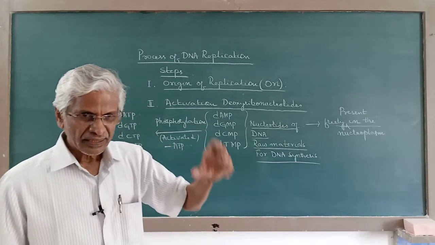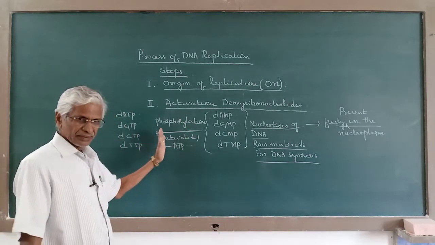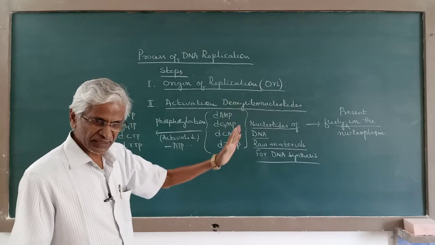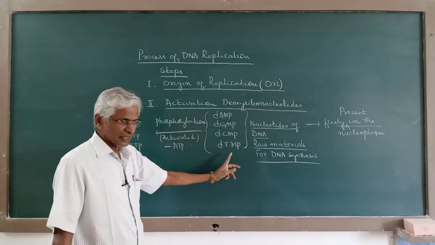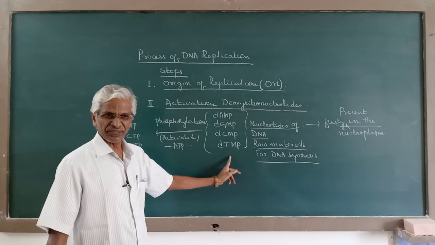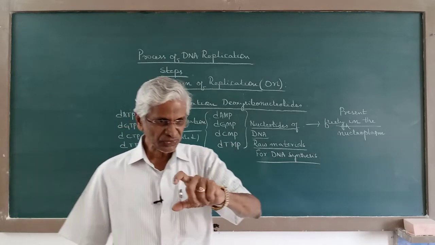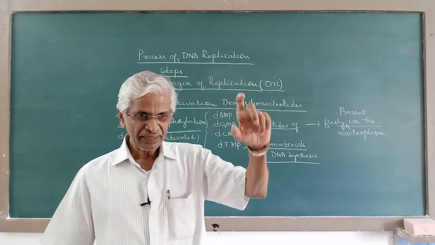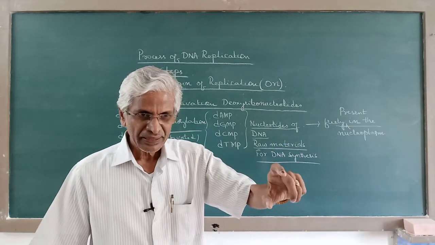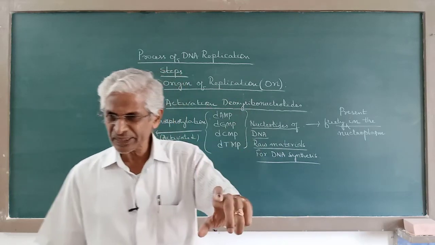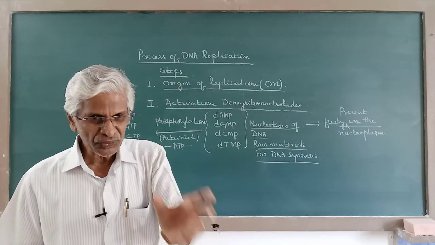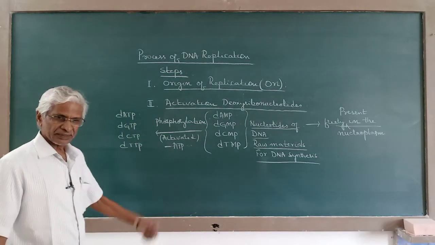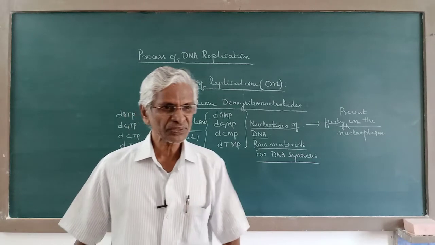They hydrolyze and separate two terminal phosphates, setting free energy and getting converted into monophosphates, which are the raw materials for the synthesis of a new strand. Energy is required for that synthesis, so both the raw materials and the necessary energy are provided by the triphosphate forms of the nucleotides.